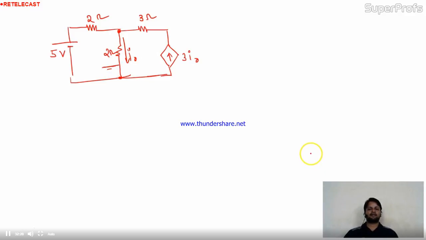Now this is the dependent current source. Why current source? Because of the arrow inside the diamond. And the value of this current source depends on I0, the circuit current flowing in the 2 ohm resistance. So the value of this source is dependent on the circuit parameters. The dependent sources are the sources whose values depend on the circuit parameters. Is it okay to you people?